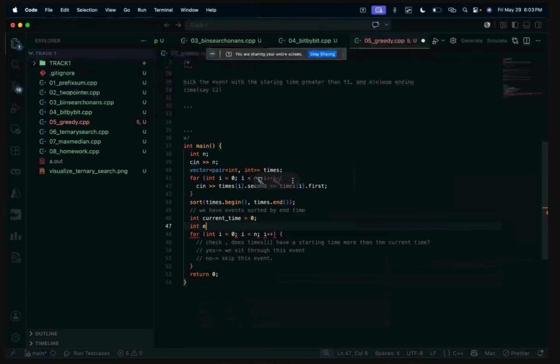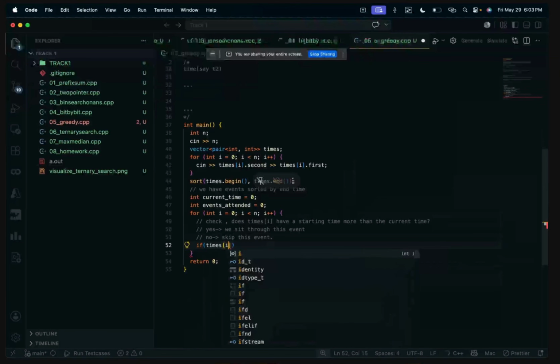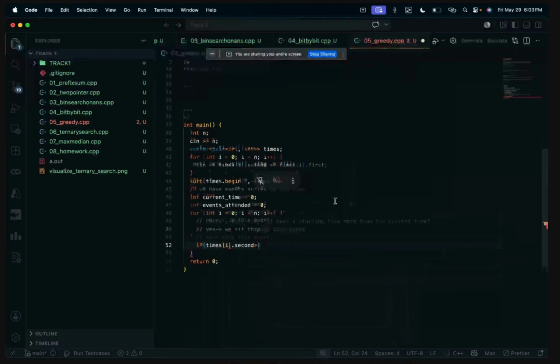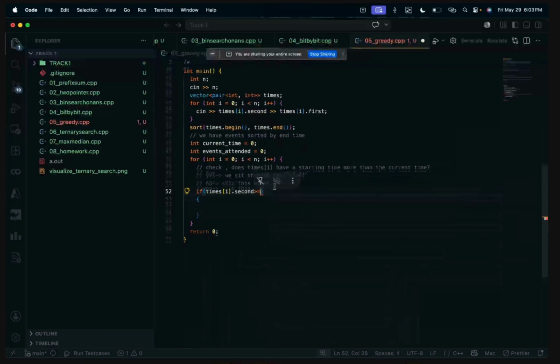And events attended is 0. Okay. So to check this, we just have to check, and remember that times of i dot second element was the starting point and not the first element. So if times of i dot second is at least current time, then we can attend this event.